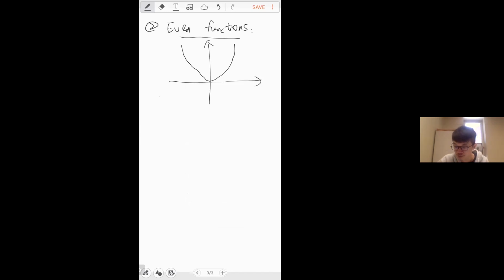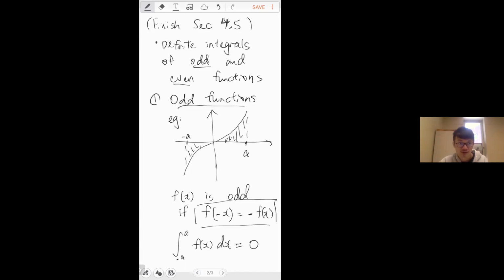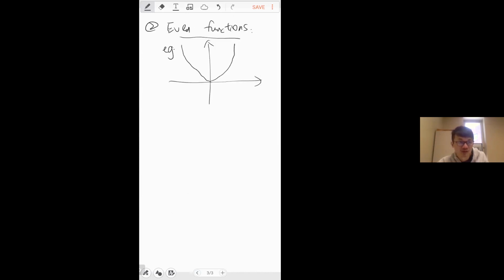So this is one example of an even function. I'm not saying that all the even functions look like this. I'm not saying that all the odd functions look like this. I'm saying that this is one example for odd functions, and this is one example for even functions.